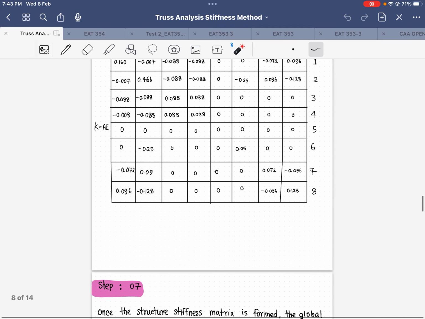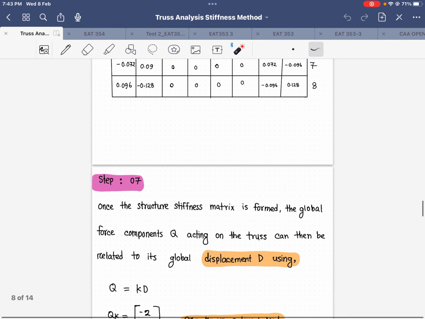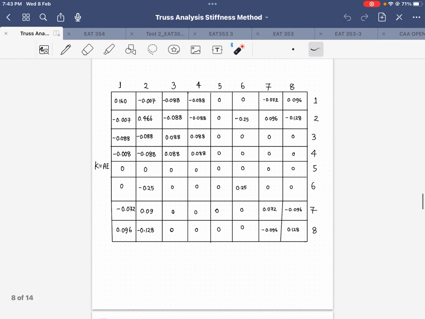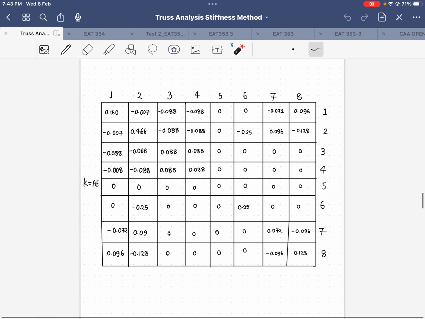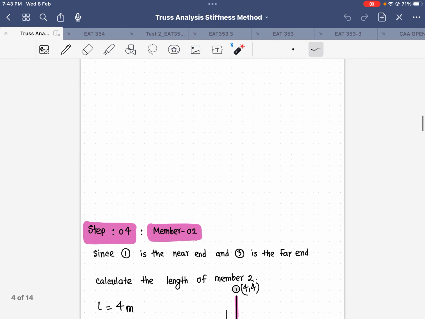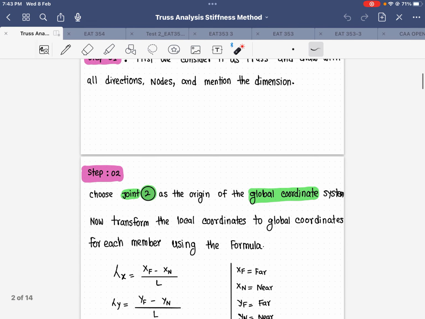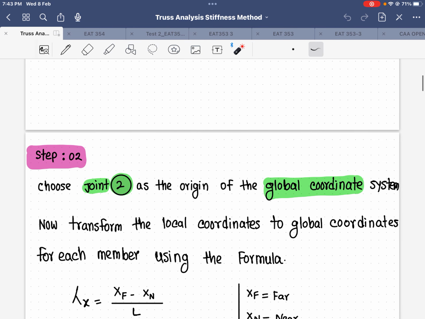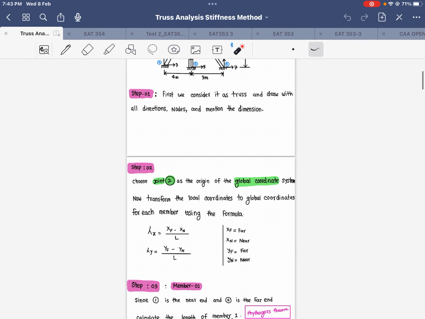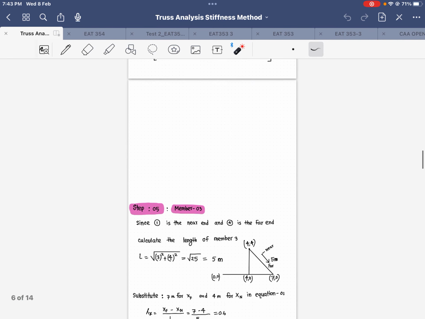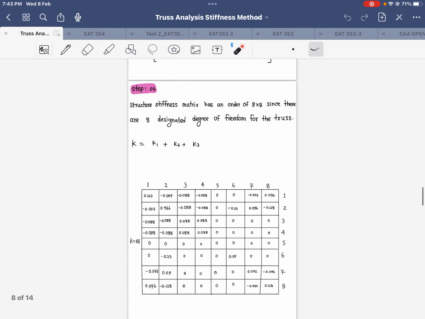All right, after the addition, if I summarize my presentation until the stiffness matrix addition: first of all we have to find the global coordinates, so we have to find the origin of the global coordinates. After that we can find member 1, member 2 and member 3.